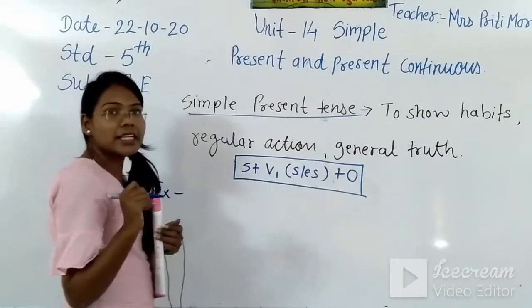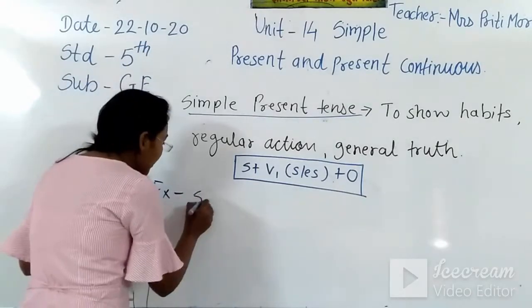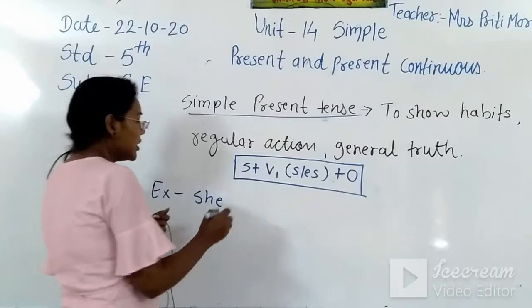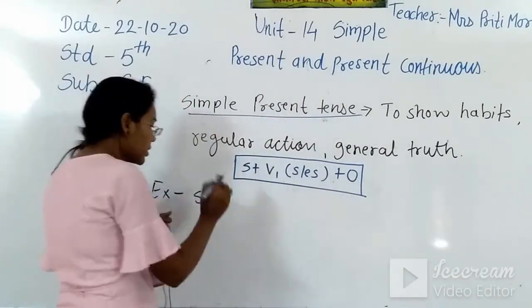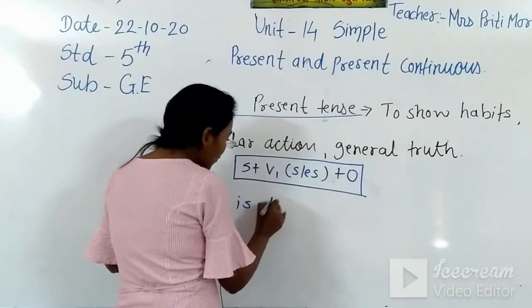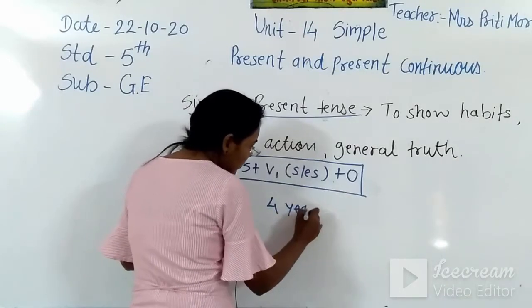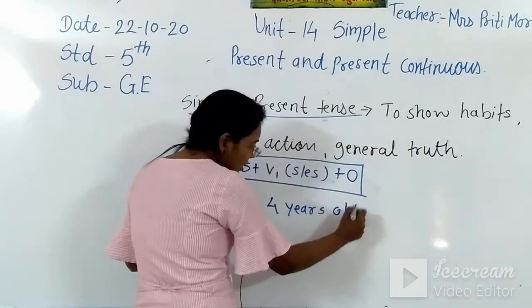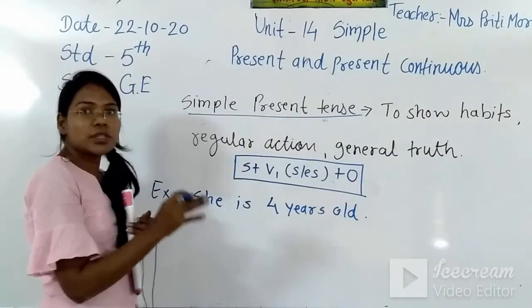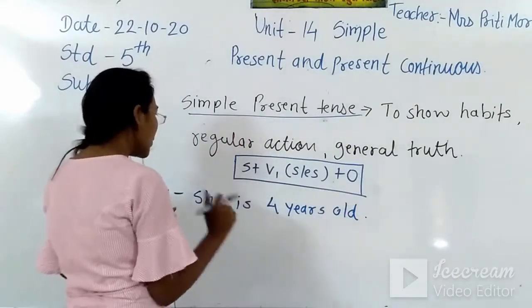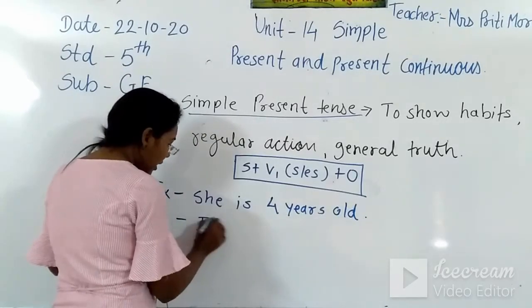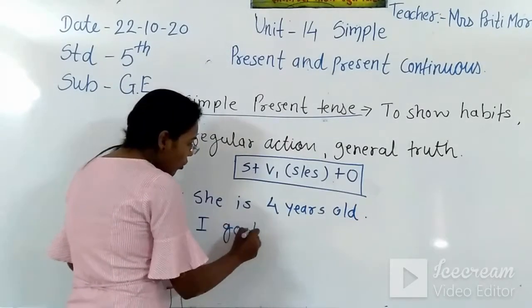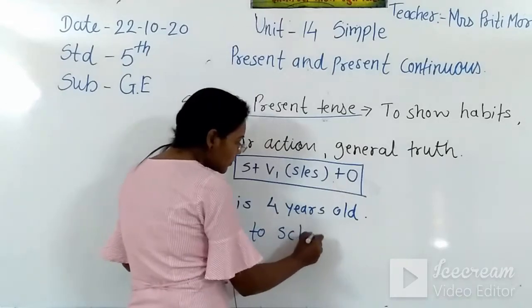First we'll take the subject she. First I take the general truth: She is 4 years old. This is the general truth. Now the regular action I write: I go to school.